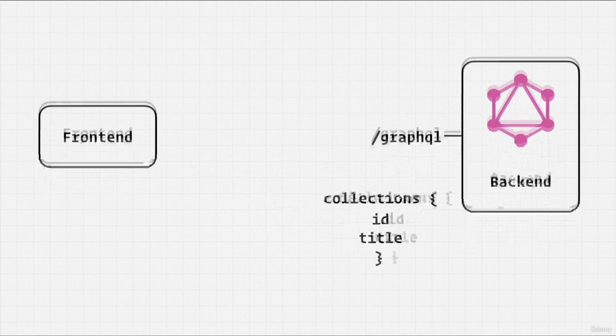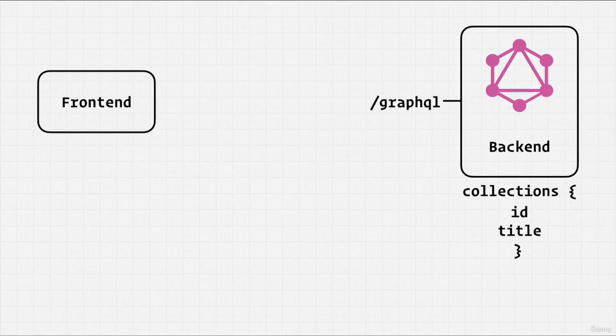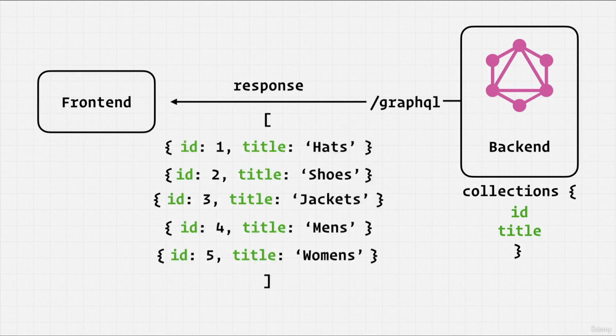What happens now is that GraphQL takes that request shape, that blob essentially, and it will send you back a response where those fields will be the fields in the objects that get sent back to you for what you're asking for. So if we're asking for all the collections and we just say, hey, I just want ID and title, then that's all you're going to get back. You're just going to get back an array of all of your collection objects, where each object is going to have just the ID and the title.